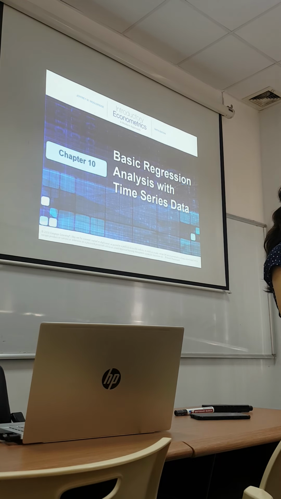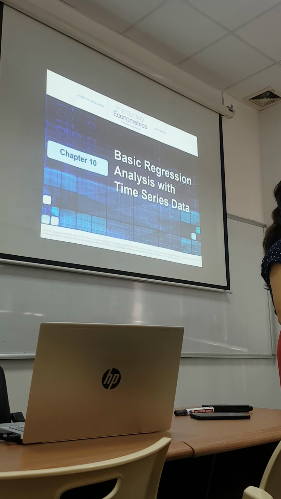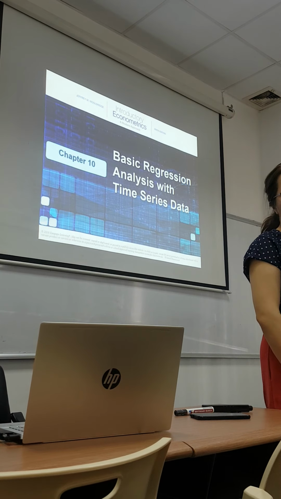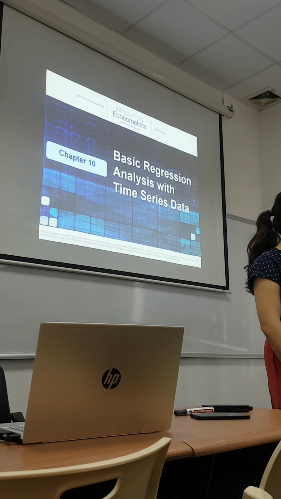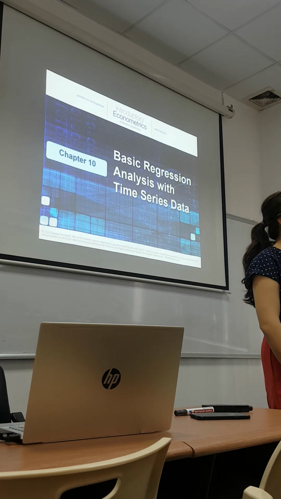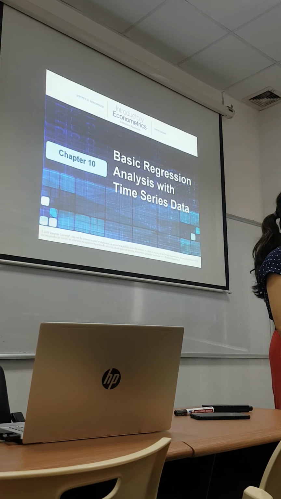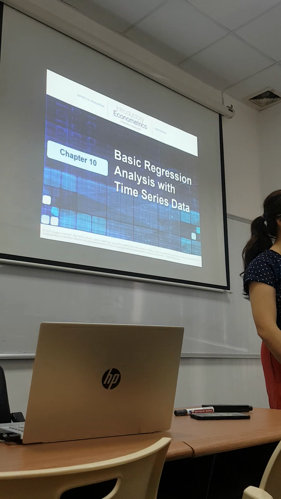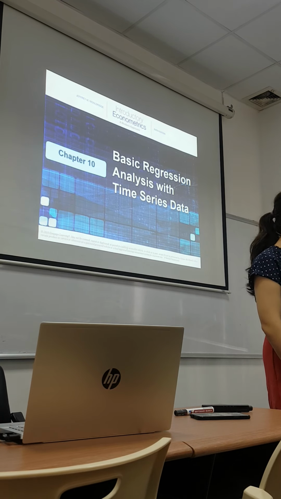But the OLS model may not be a good model to use for time series, because we're going to see that there are a lot of violations of the classical regression assumptions when we use time series. Right. And that's why for time series data, they developed other models like the autoregressive model, the moving average model, and co-integration models. So those are the models developed to study time series.